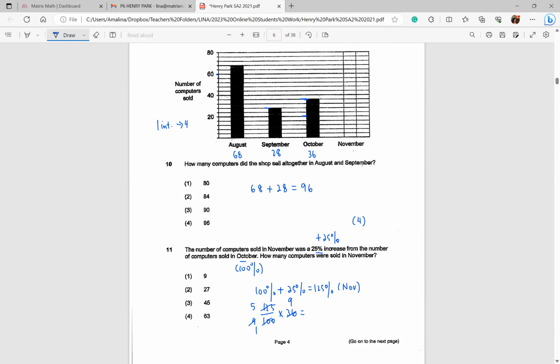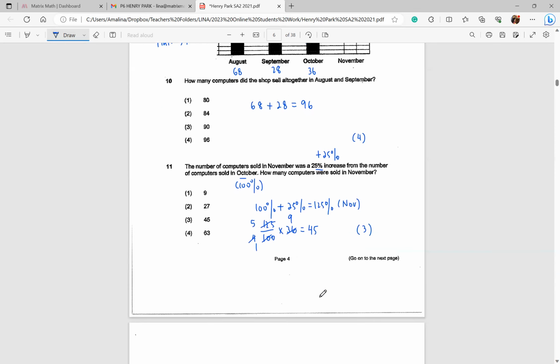Correct? So I am left with 5 times 9, which means that I get my answer, 45 computers. This is option number 3. Okay? So question 10, 11.